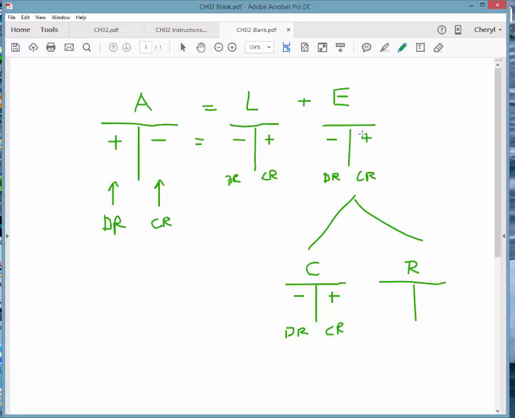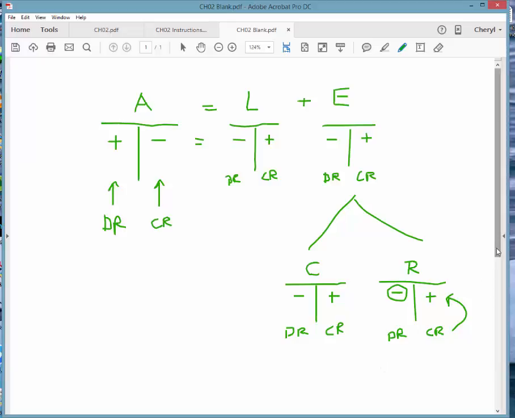Revenues are going to increase our equity, so they are going to increase on the credit side, which means then that the debit side will decrease revenues. We're not going to see this side happen right now. We will later on. Right now we're just going to focus in on making sure that we keep adding to our revenue every time we earn revenue.